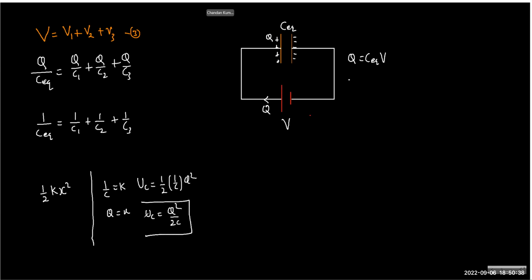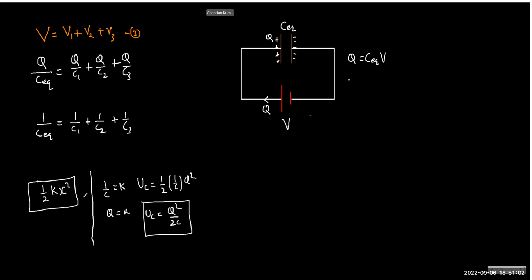Both will store potential energy, and the idea of displacement we can substitute in terms of charge, and the capacitance will be the inverse of K. Why is it 1 by C?